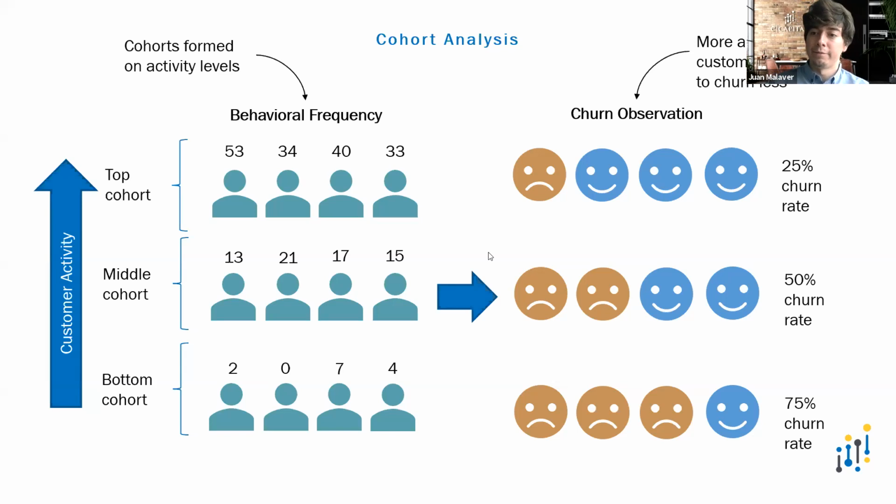Hey Juan, real quick, I just wanted to emphasize one point there. Juan was talking a lot about transactions by grouping these cohorts, but you can also think of these cohorts in terms of different types of metrics, not just transactions. Website clicks, for example, how many times they've clicked on your website in the last hour.